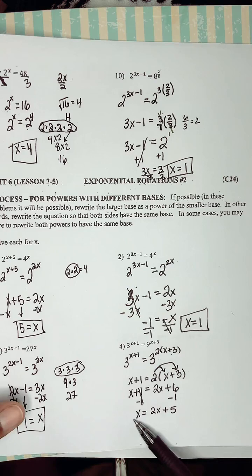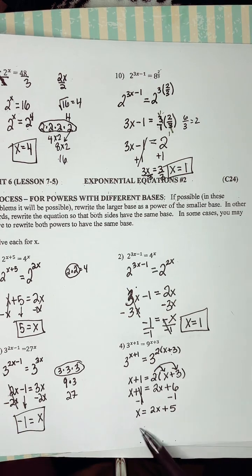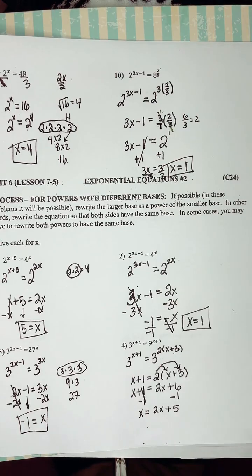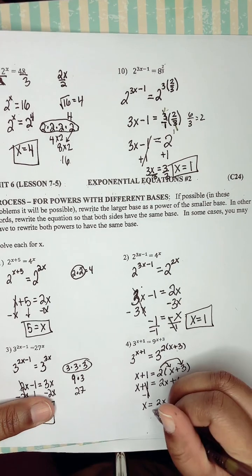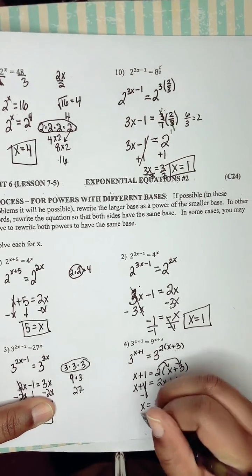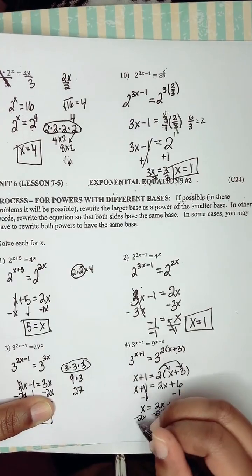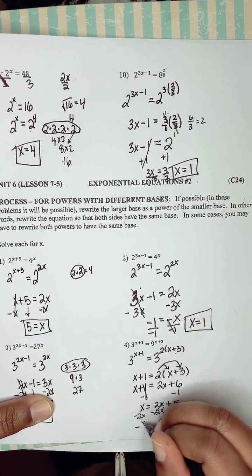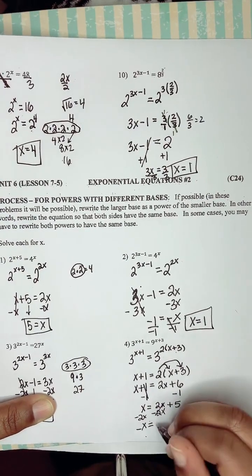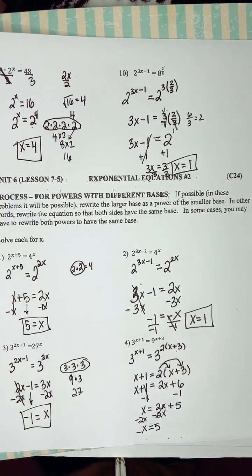Now, technically there's nothing wrong with minus an x, but then you would have everything to one side. And we want the x's on one side and the numbers on the other. So that's why we're going to minus the 2x. And then 1 minus 2x gives us a negative x equal to a positive 5.